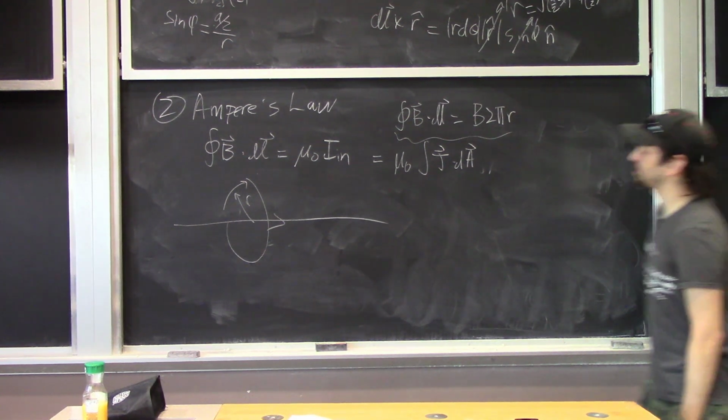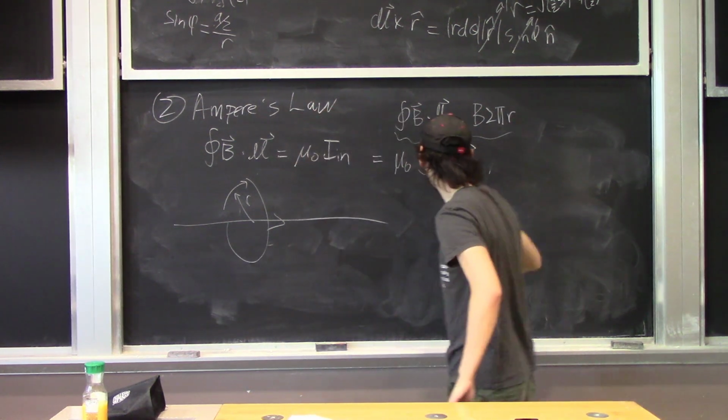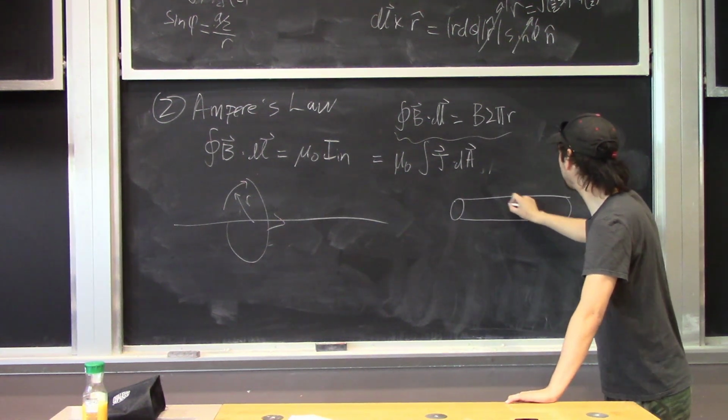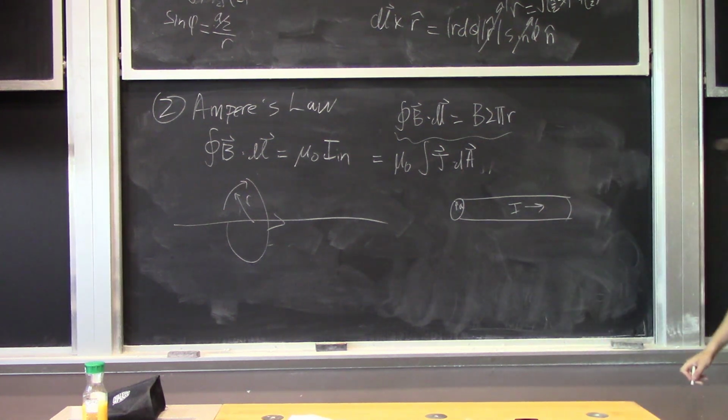So this is the simplest case where I have just a wire that is infinitely thin, but I could also ask what happens if I have some wire that has some thickness, so that this has some radius of A, and some current is going to go to the right like this.